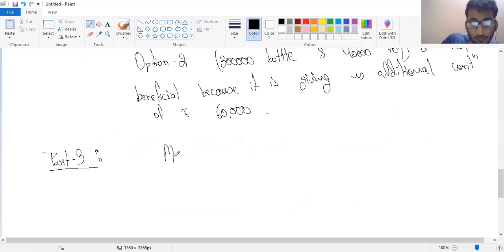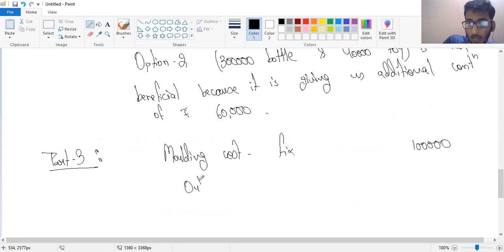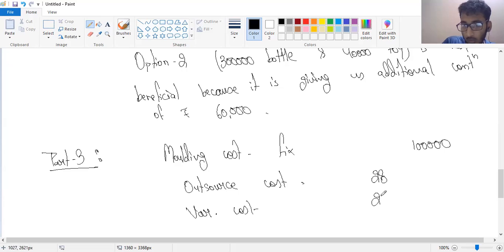So basically, the molding cost, which is fixed, is 1 lakh rupees. Outsource cost is 28. Variable cost is 24.